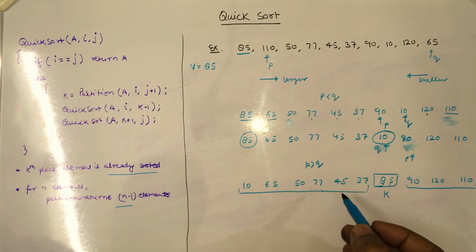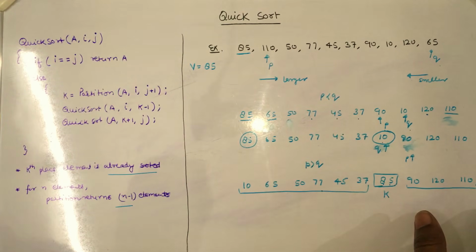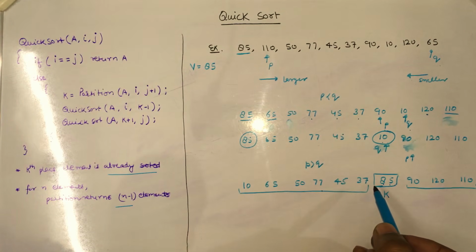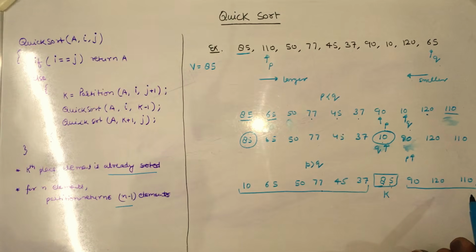So by this I divide my array into two sub-arrays, one sub-array containing elements smaller than the pivot, and the other sub-array containing elements larger than the pivot.